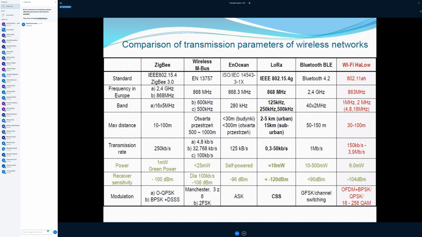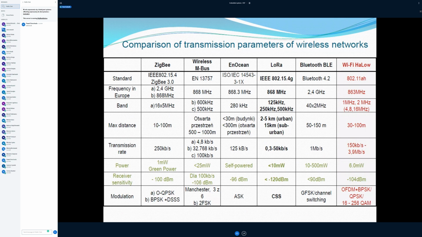In wireless M-BUS, the bandwidth is either 600 or 500 kilohertz. Ocean is 280 kilohertz. In LoRa, you have three various possibilities: 125, 250, and 500 kilohertz.